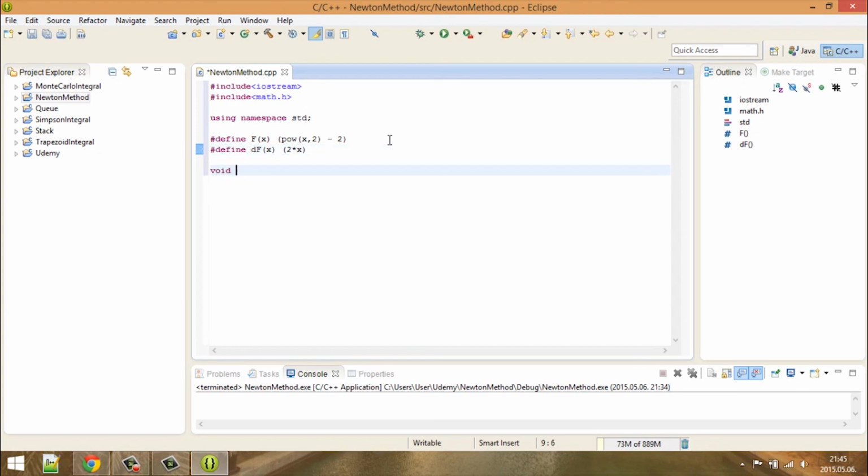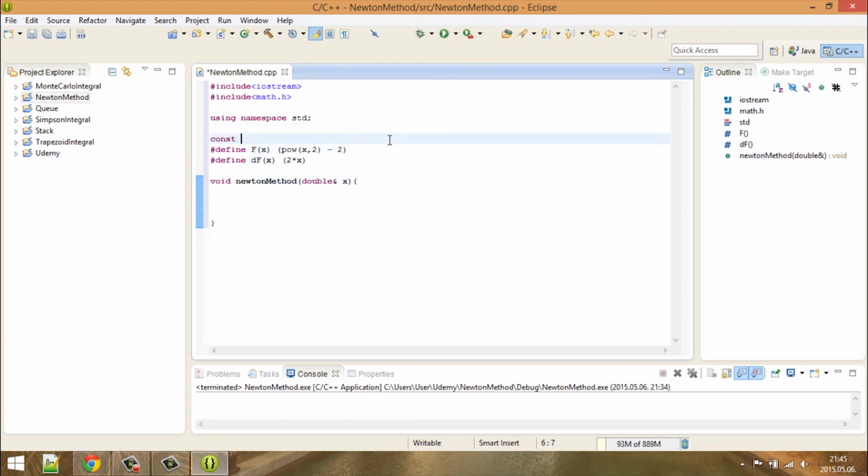Okay, so we will have a void Newton method, and it's going to get a double reference, and I think we should calculate an error term. So here we just have a const double error is equal to 0.001.